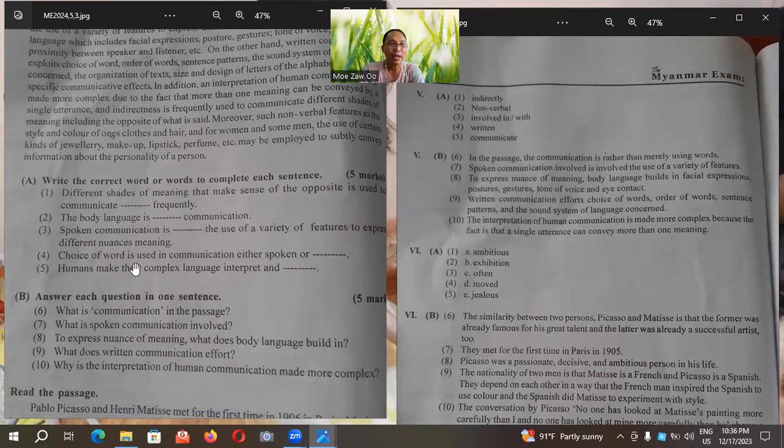Okay, number three, spoken communication is blank, the use of a variety of features to express the different nuances of meaning. Involved in the use of, okay?